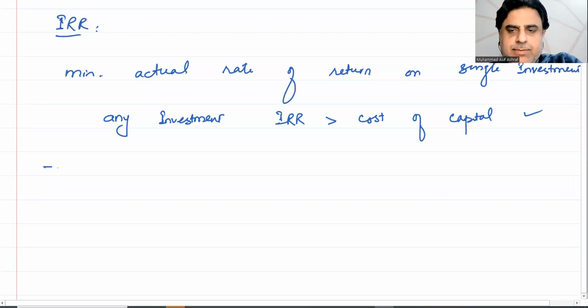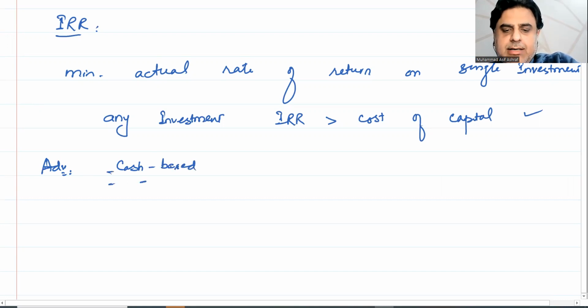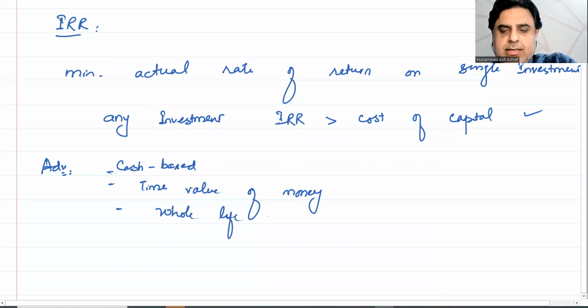If I talk about its pros and cons, advantages: definitely it takes into account the cash-based technique. It accounts for the time value of money. It accounts for the whole life of the project.